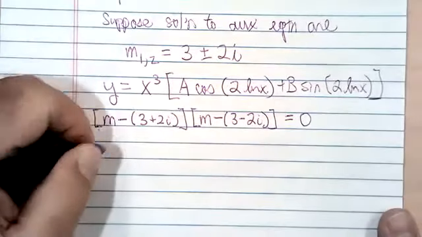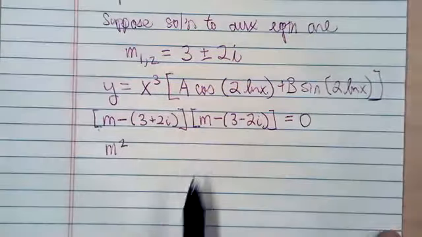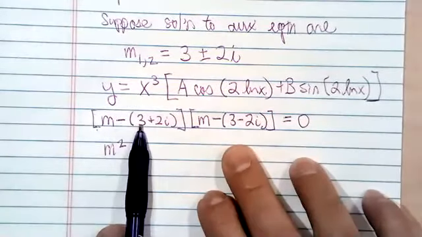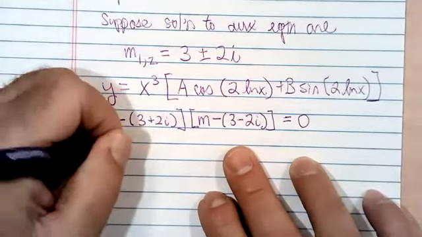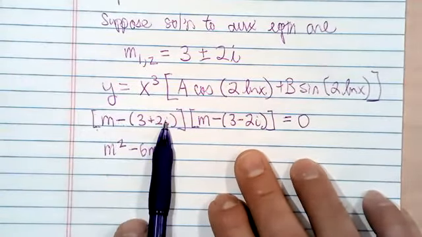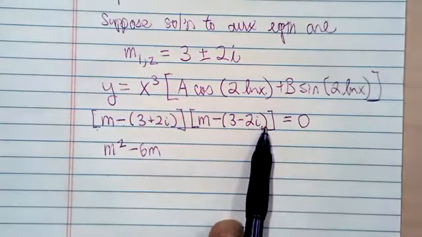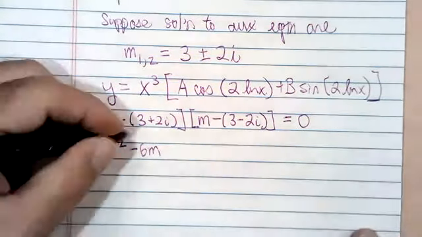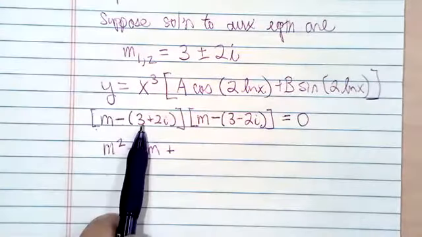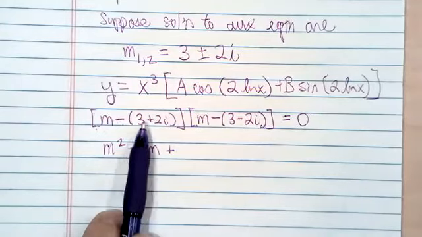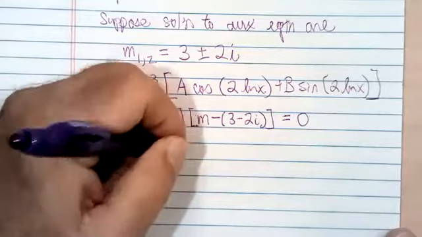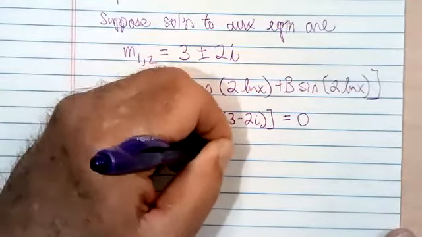This times this, m squared. Now when I take this product plus this product, I'm going to get minus 3m and minus 3m. That's minus 6m. But minus 2im and plus 2im, the i's go away. Then minus a minus is plus. Then I'll get 9 plus 4, 13 equals 0.